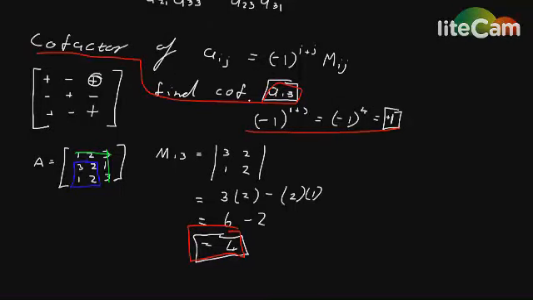So therefore the cofactor of A13 is equal to positive 1 times 4. And that's it. That's how we do a cofactor.